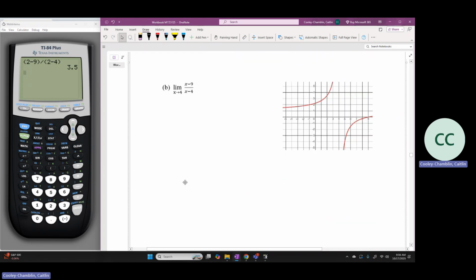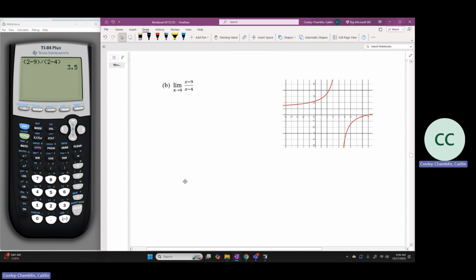Now, when we look at B, we have the limit as x goes to 4 of x minus 9 over x minus 4, so the same thing. However, if we just plug 4 in, we get 4 minus 9 over 4 minus 4.